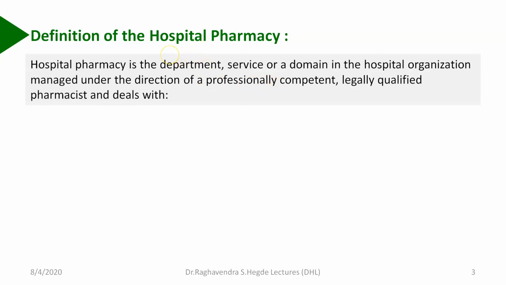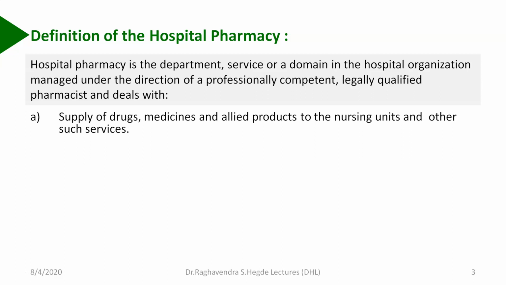Competent means he can handle many tasks and many responsibilities at one time. So he is a highly competent pharmacist, and he is legally qualified. He is a B Pharm or M Pharm holder. And he deals with many things. Let us now understand what all the things he is dealing with.